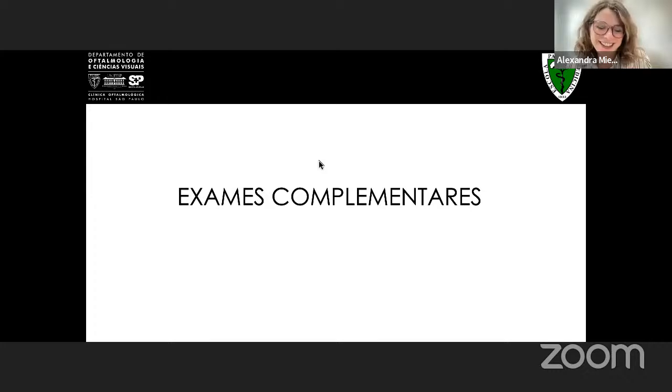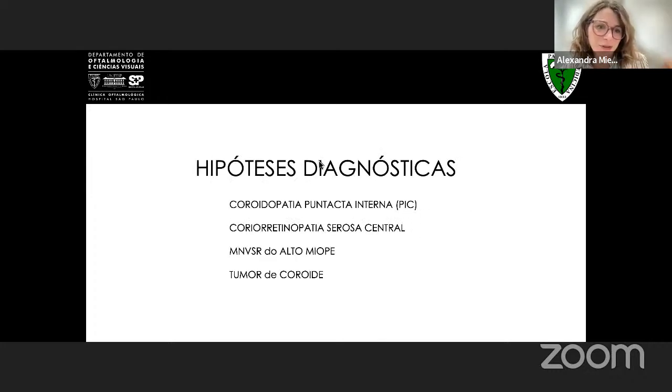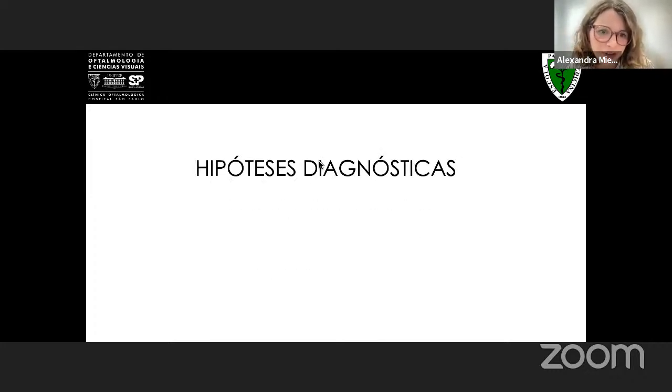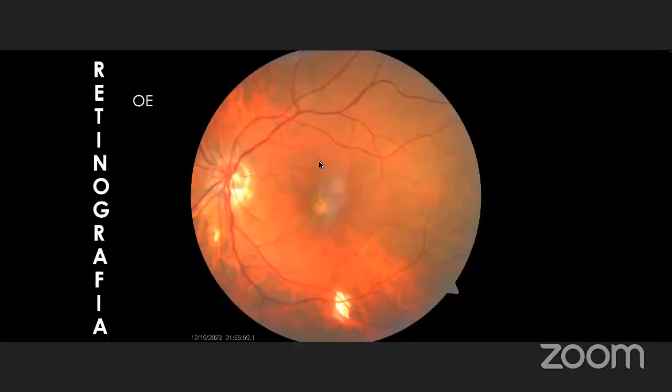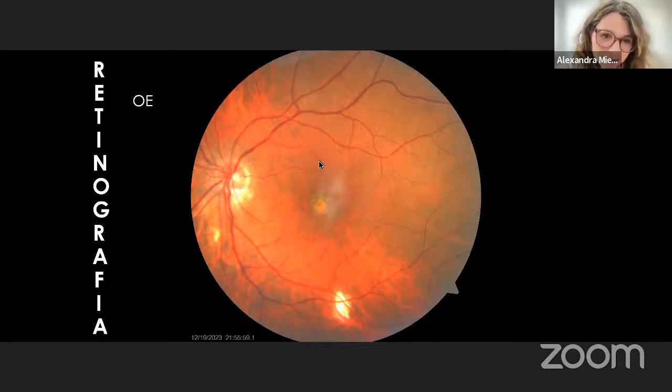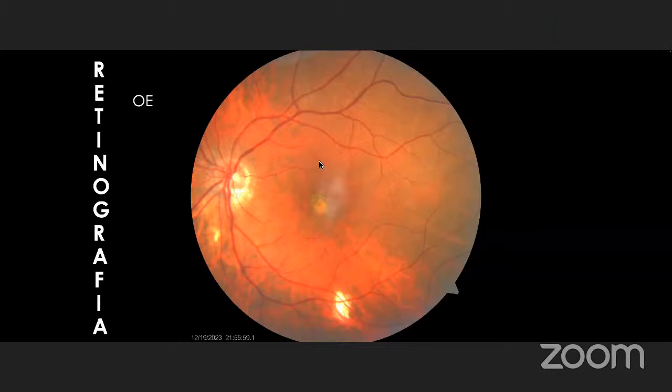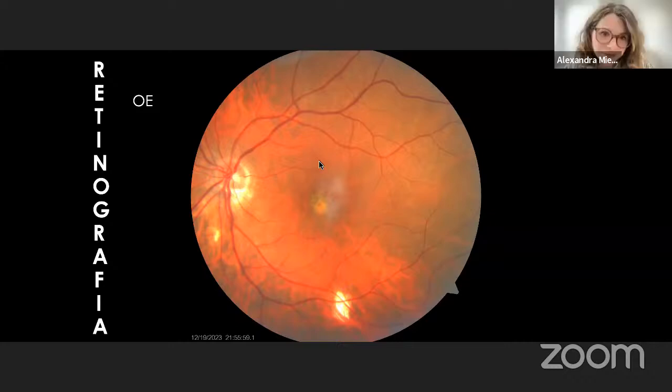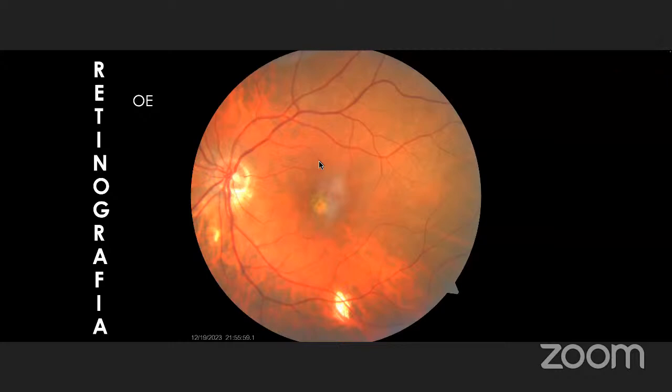Yeah, there was a nice fundus tessellation on both eyes, and there was some atrophy in the fovea in the left eye. And in the left eye, we have a yellowish lesion. It's like a neovascular membrane of a myopia patient, and this atrophic lesion in the inferior temporal arch here.